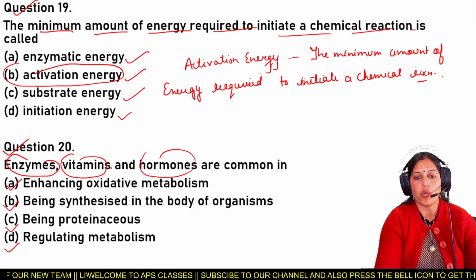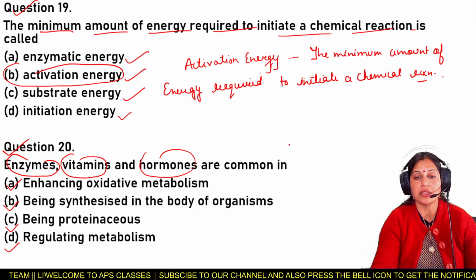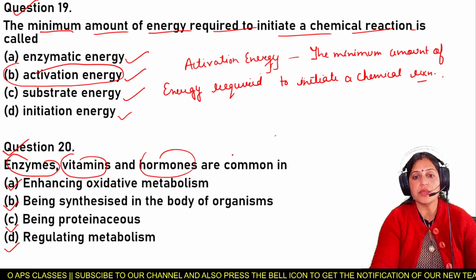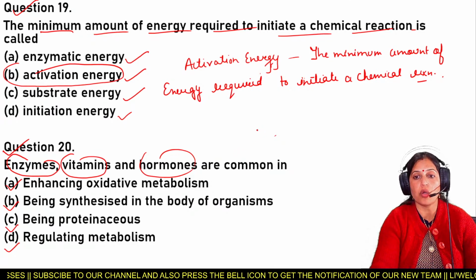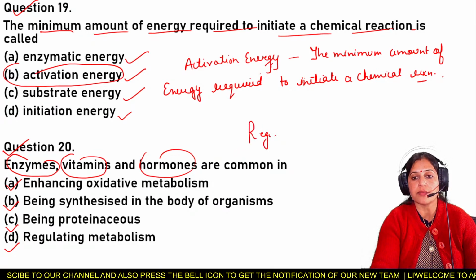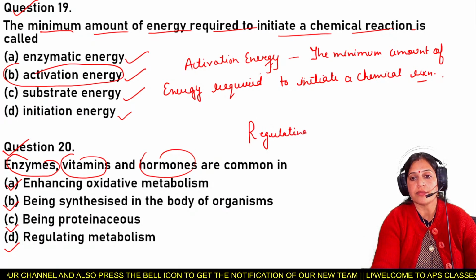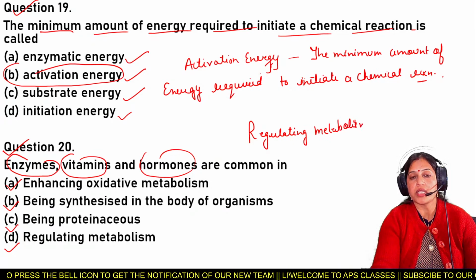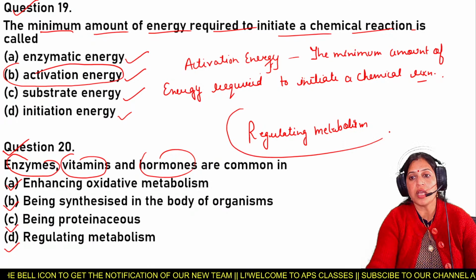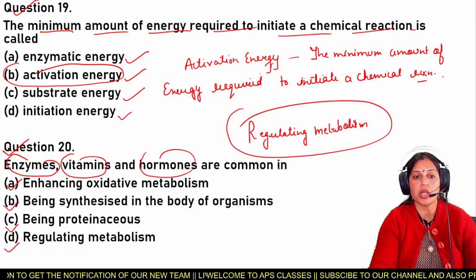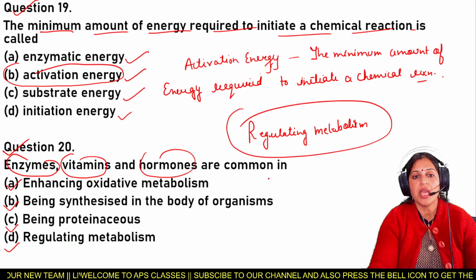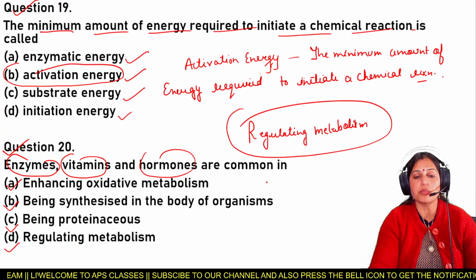Enzymes, vitamins, and hormones are common in regulating metabolism. That means enzymes, vitamins, and hormones are all involved in regulating metabolism, but not all are involved in enhancing oxidative metabolism, not all are synthesized in the body of organisms, and they are not common in being proteinaceous.